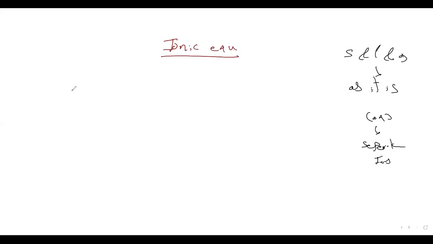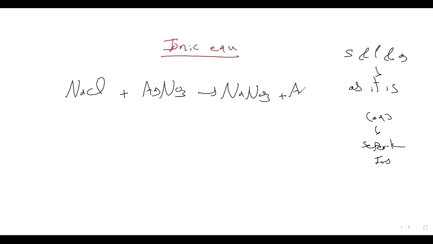For example, if we have NaCl plus AgNO3 gives NaNO3 plus AgCl, which are aqueous, aqueous, aqueous, and solid. For any compound to be aqueous, we have positive and negative ions.